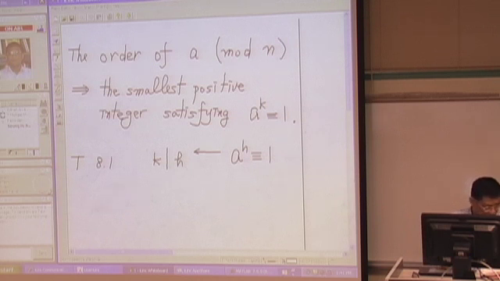And the next thing that I proved was, maybe I can prove this today, Theorem 8.2.